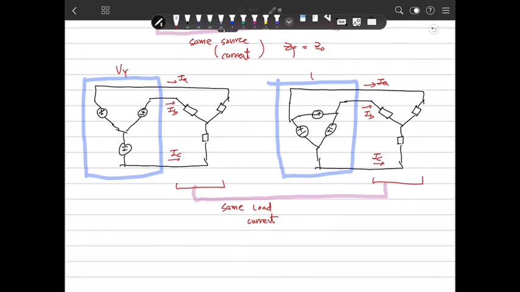So this is source V Y, V delta, then V Y equal to V delta. This is identical, the delta and Y connections.